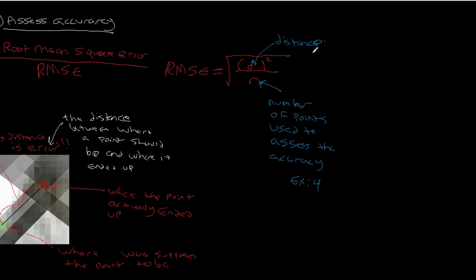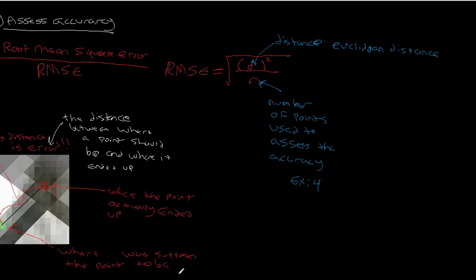The distance that we're going to use is called Euclidean distance. In the next video, in case you don't know how to calculate Euclidean distance, I'm going to show an example of how to calculate that and explain what that is.